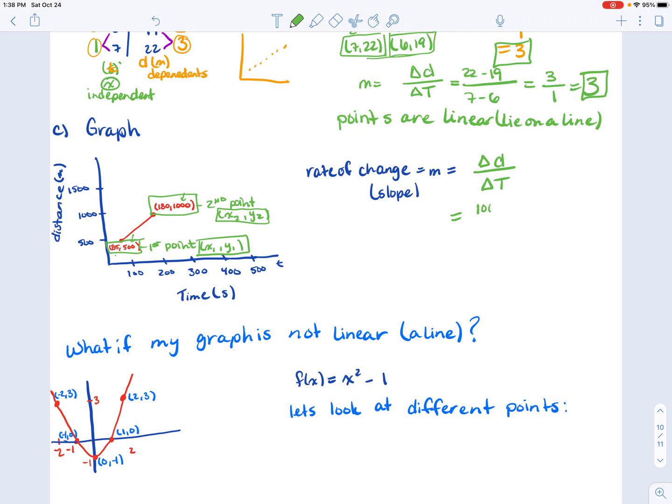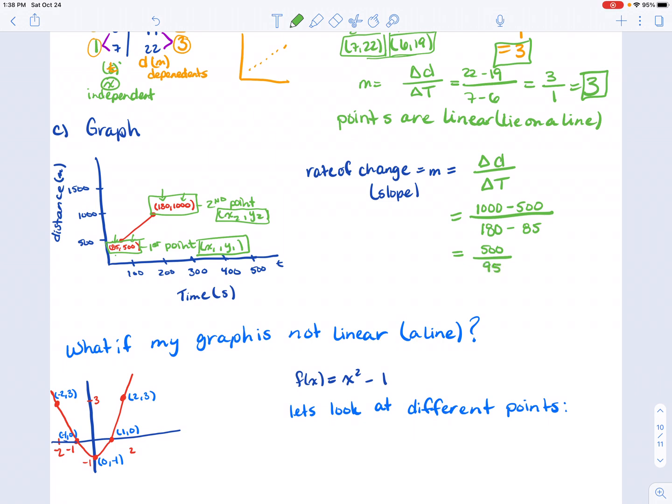So we have 1,000 minus 500 divided by, and again, there's my x2 value, 85 is my x1 value, whoops. So let's actually write 85. And of course the answer to that is, when you do it, 500 over 95.